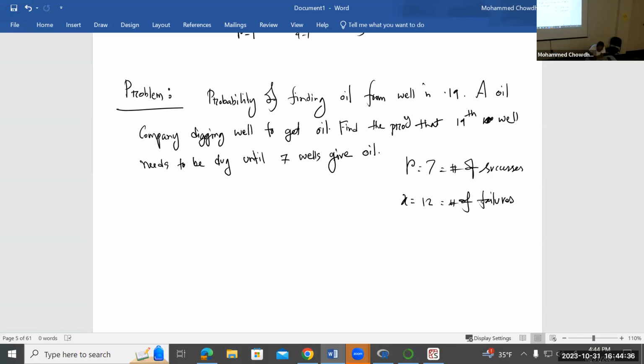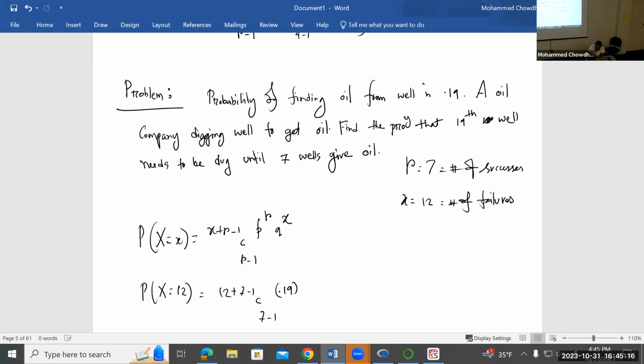Now we want to compute what? Probability of X equal to x is X plus R minus 1 C R minus 1, times P to the power R, and Q, which is equal to 1 minus P, to the power X. Now I want to put probability of X equal to 12. 12 plus 7 minus 1 C 7 minus 1, P equal to 0.19 to the power 7, 0.81 to the power 12.